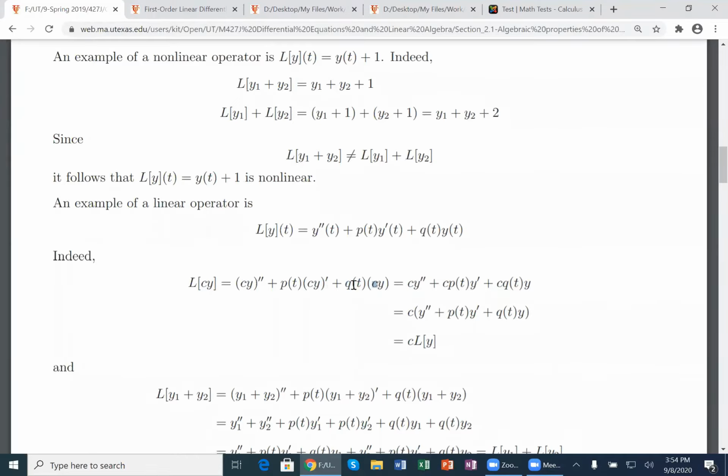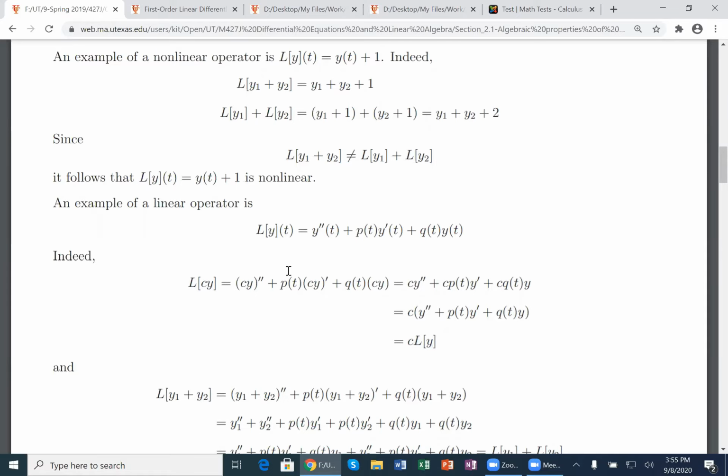We put C over here. Done. Next step. C is a common term. Let us factor it out. Lastly, according to what is written here, this is equal to L of y. So L does satisfy property 1 because L of Cy is equal to C L of y.